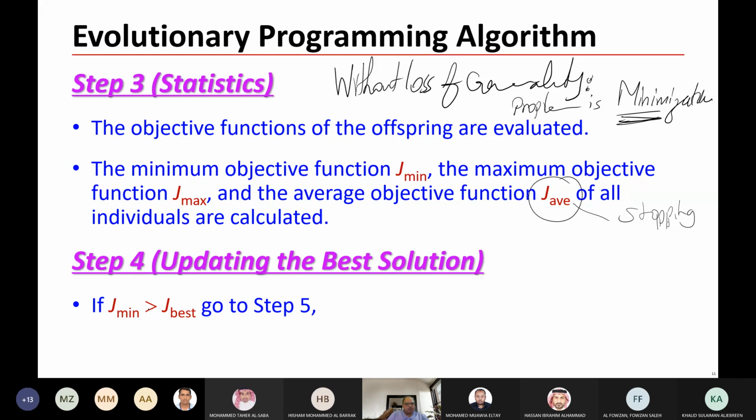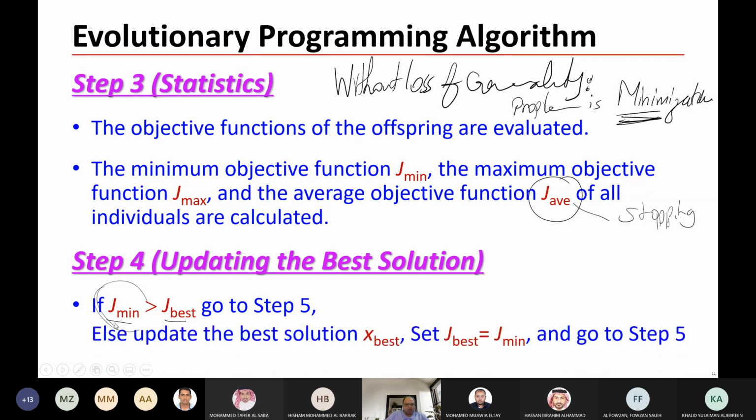So if J minimum is greater than J best, is this solution better than the best solution that we have so far? No. So go to step 5 without updating. Don't update the best solution that you store, because this solution is worse than what you have now. If not, then you update.